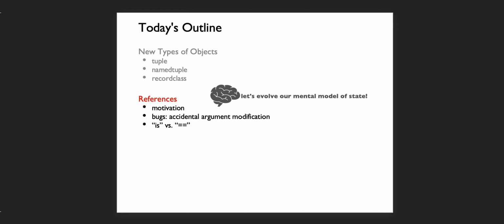One thing that I want to emphasize is that name tuple and record class actually enable you to just create your own custom data type. You can't create a data type called name tuple. That doesn't make any sense, because it's there only to enable you to create your own custom data type and objects corresponding to those. Alright, so let's move on to talking about references.